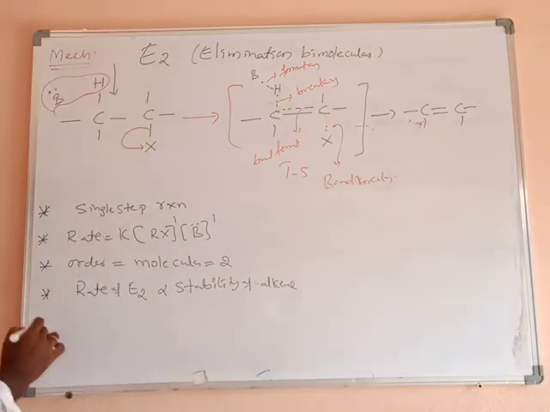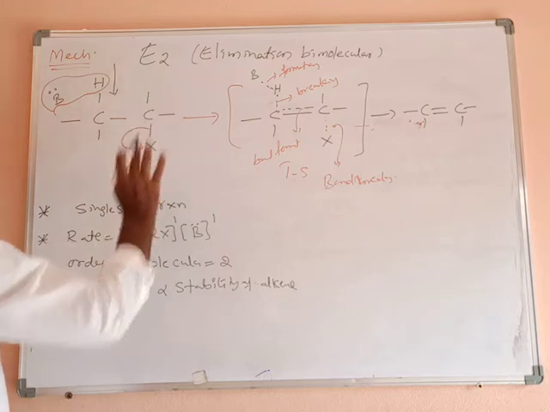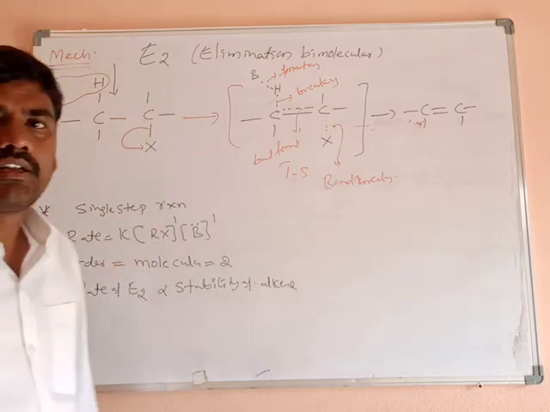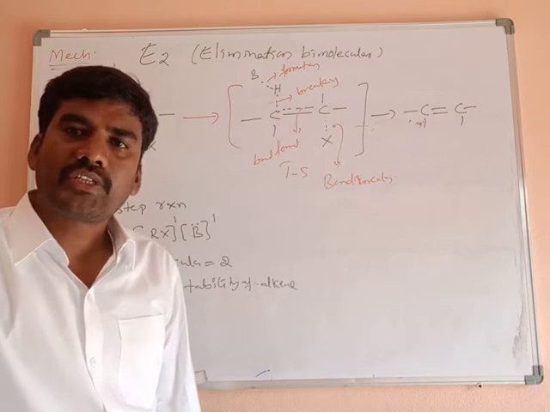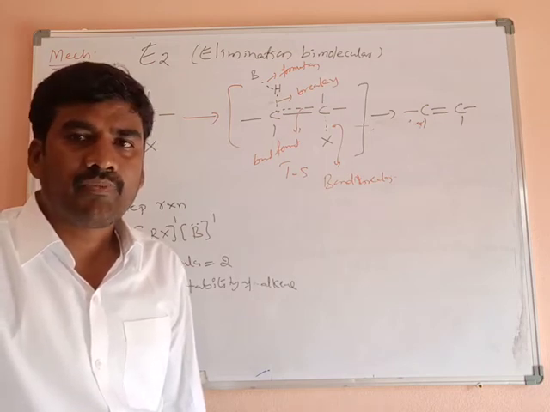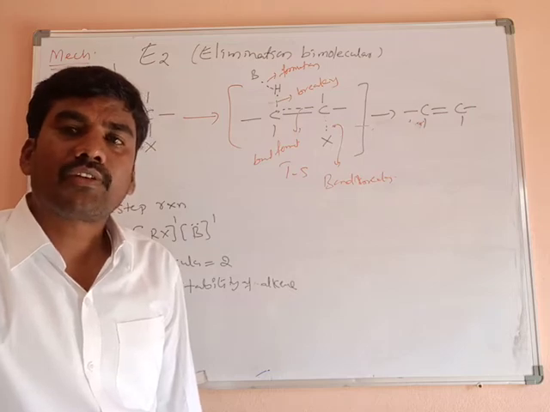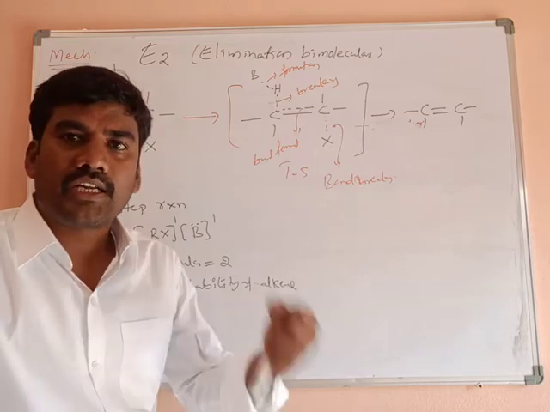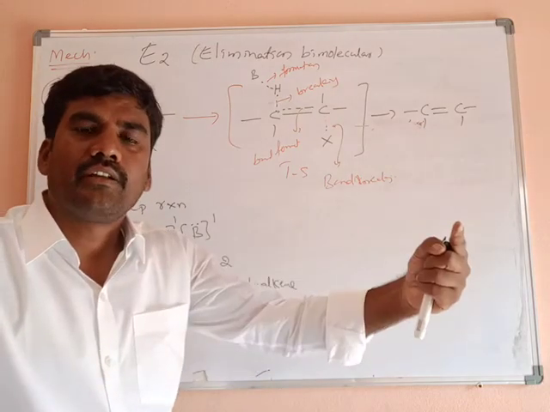Now the rate of this reaction depends on the concentration of base. Both are involved in the RDS. In RDS, alkyl halide as well as base are both involved in the reaction mechanism. So the strength of base also favors the reaction. If a strong base is there, it captures the proton very fast and the reaction is carried out very fast.